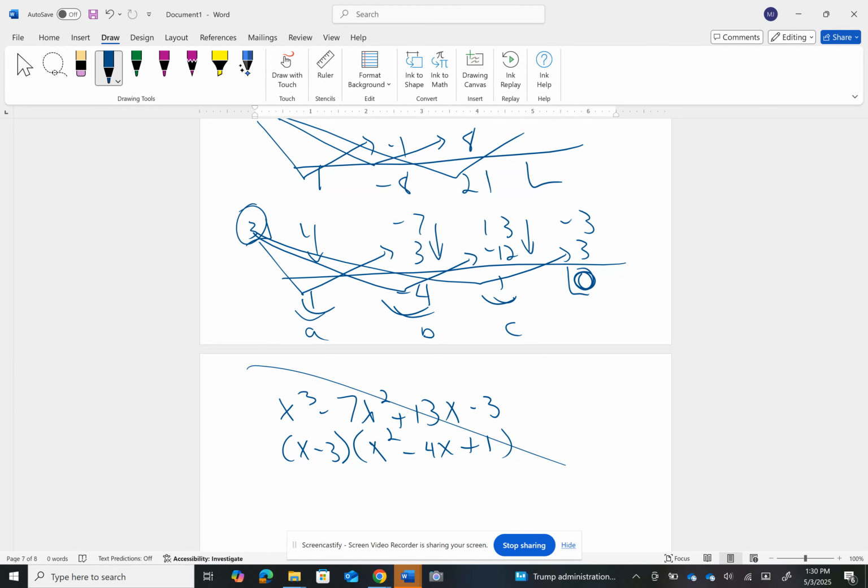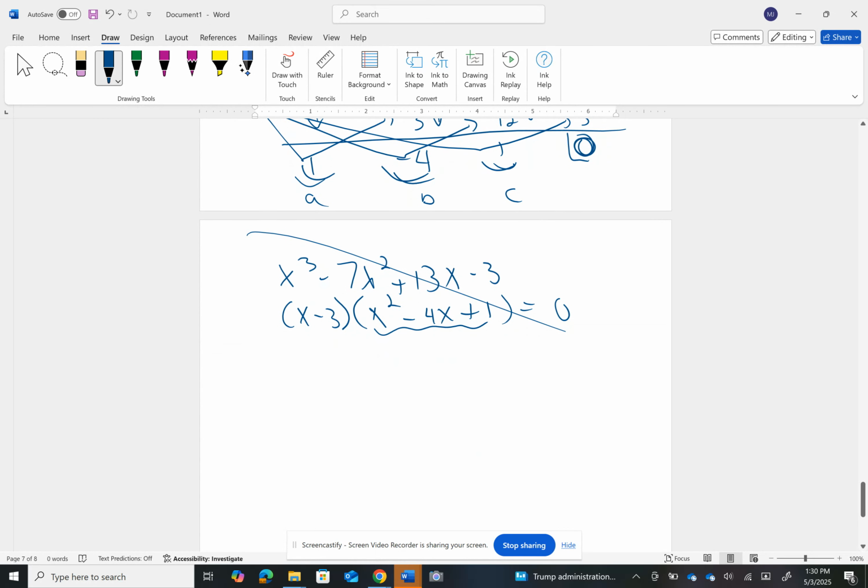You don't actually write that, but we're looking for where that equals 0. So we know 3 is one of the zeros, and then the other one is going to come from solving that quadratic. So that's why at this point, you don't keep testing, okay? You just go and you look at solving what causes x squared minus 4x plus 1 to equal 0.